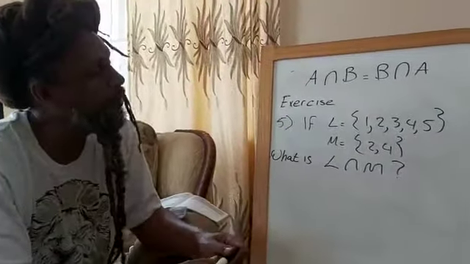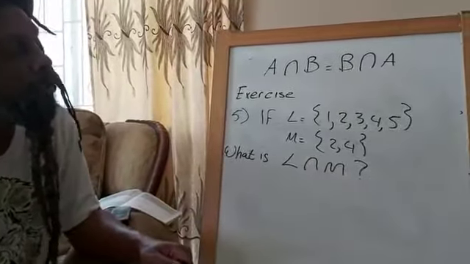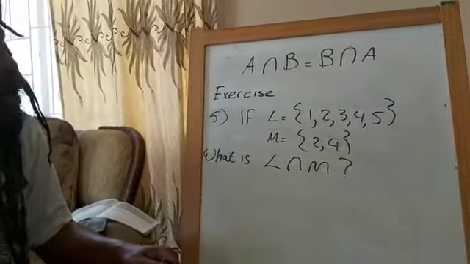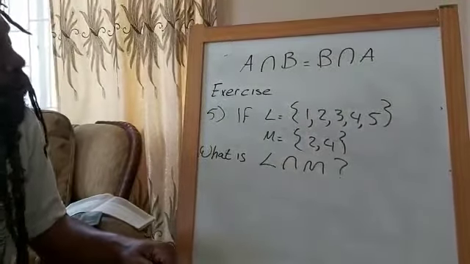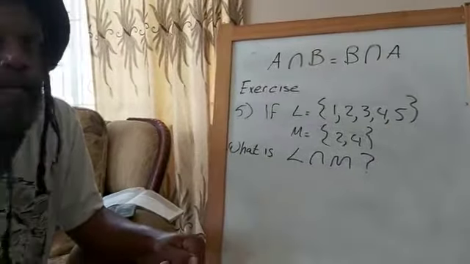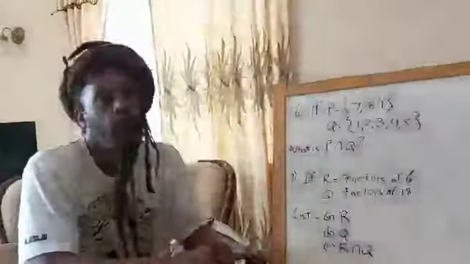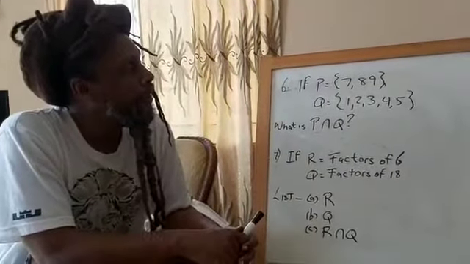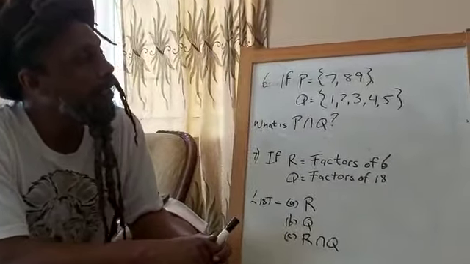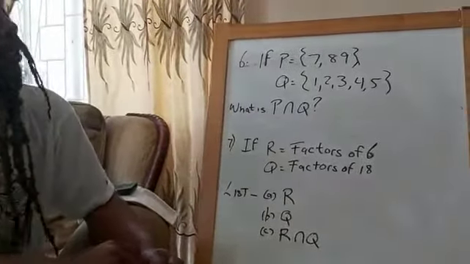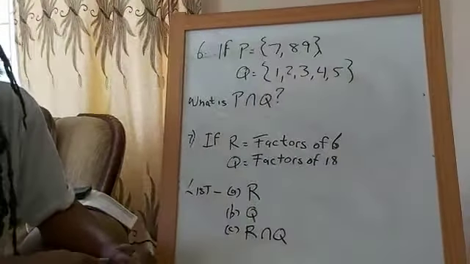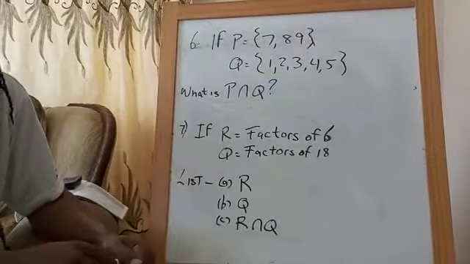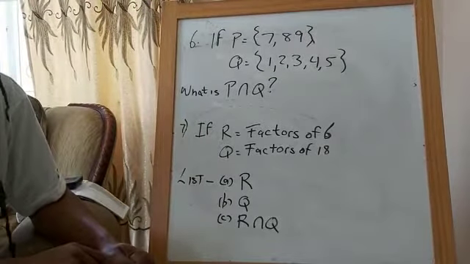If L has in members 1, 2, 3, 4, 5, and set M has in members 2 and 4, what is L intersect M? Alright, number 6. If P has in 7, 8, and 9 as its members, and set Q has in 1, 2, 3, 4, 5 as its members, what is P intersect Q?